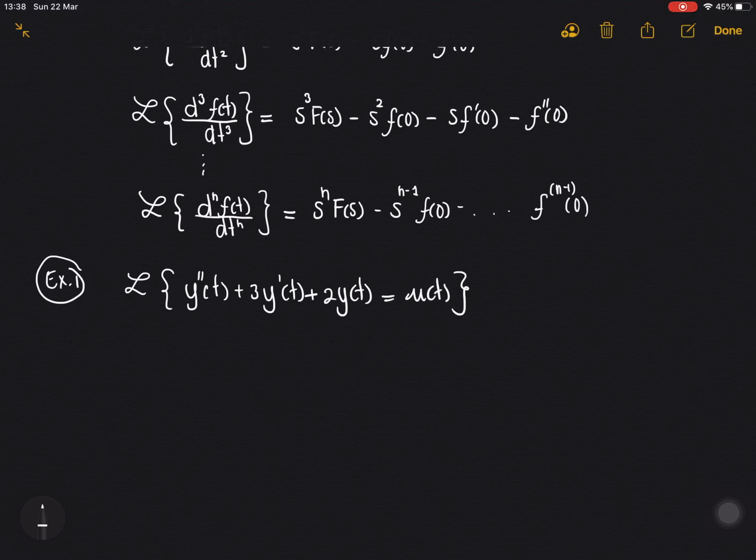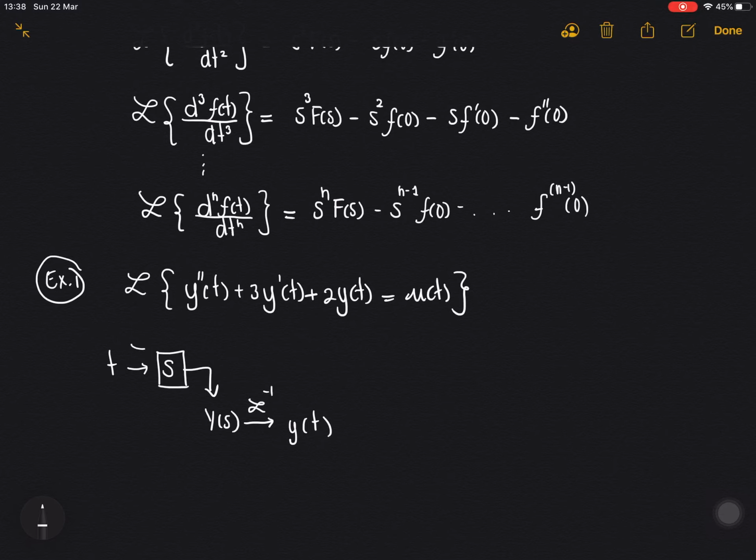Our goal in these kinds of questions is that you first have to transform the time domain into the s domain, and then when you get the s domain, you rearrange it in terms of the solution Y(s), and then from that Y(s), you use the inverse Laplace transform to get the time domain y(t).